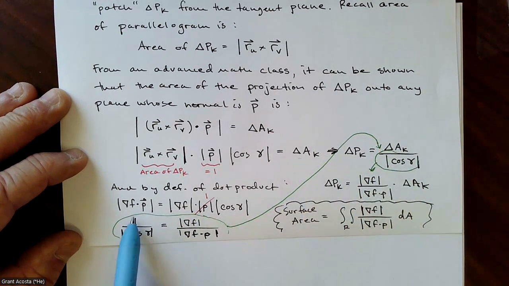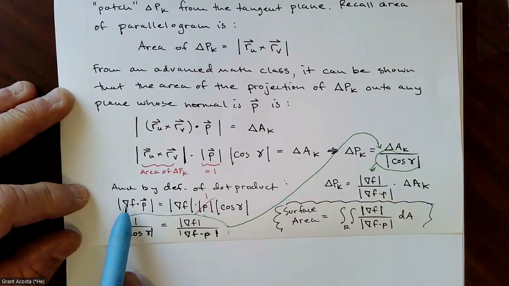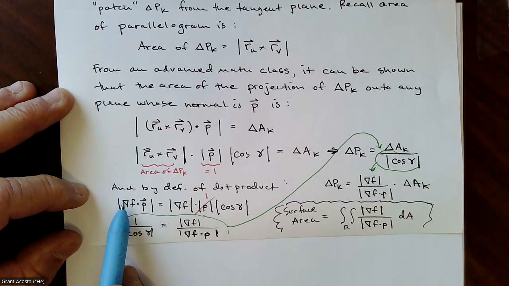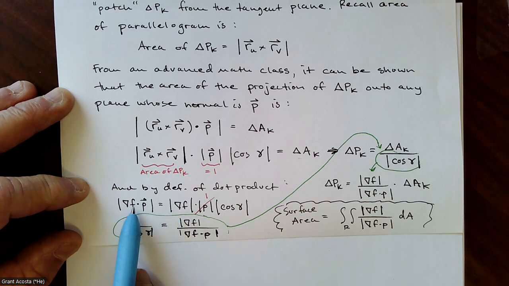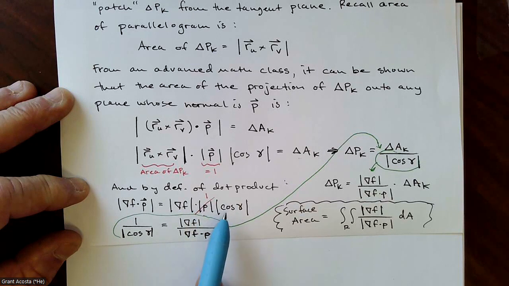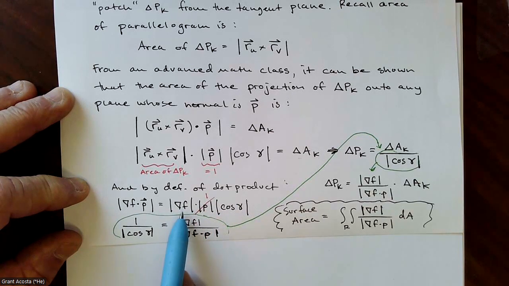So over here, by the definition of a dot product, the magnitude of the gradient of F dotted with P is equal to, remember, the magnitude of the first vector times the magnitude of the second vector times the cosine of the angle between them. And we're taking magnitude here, so that's why this is an absolute value.